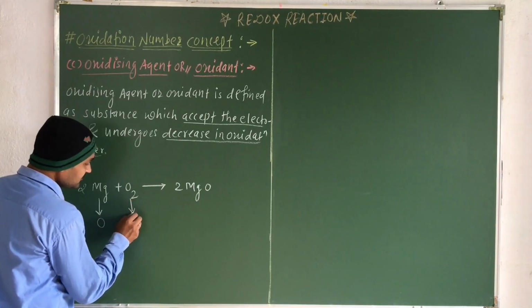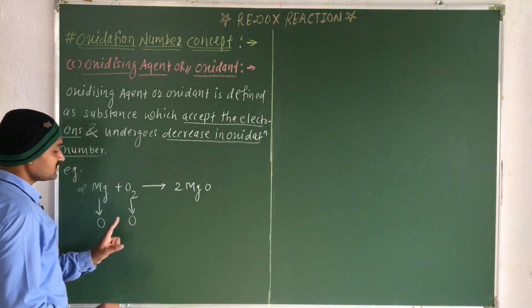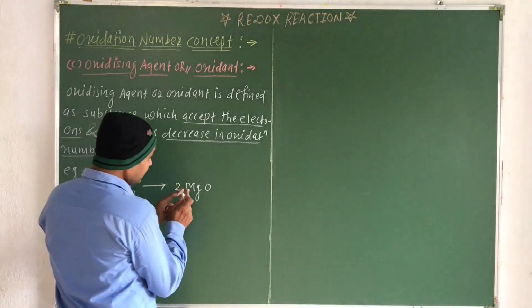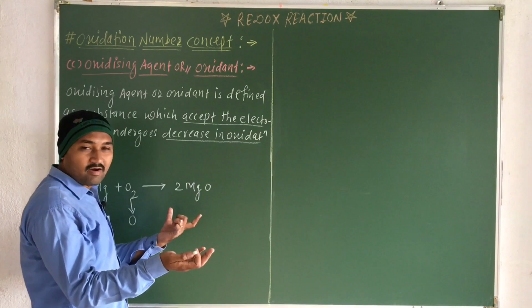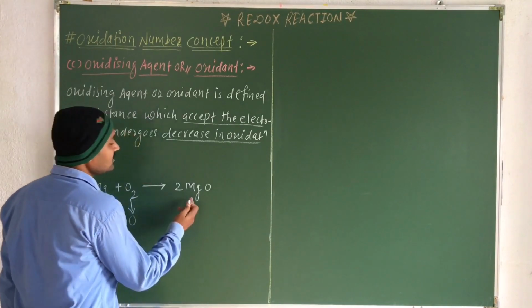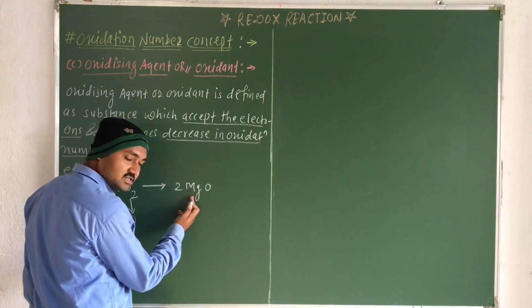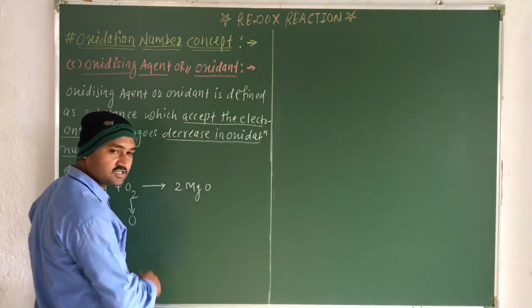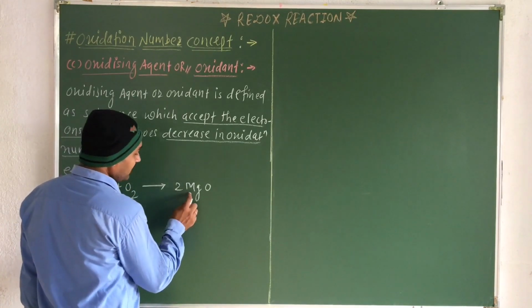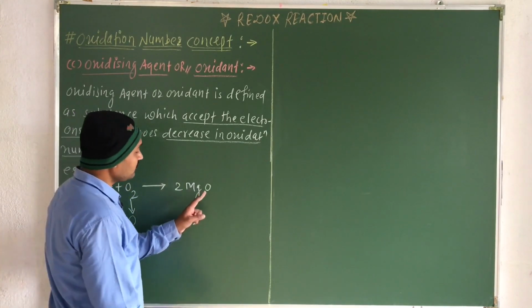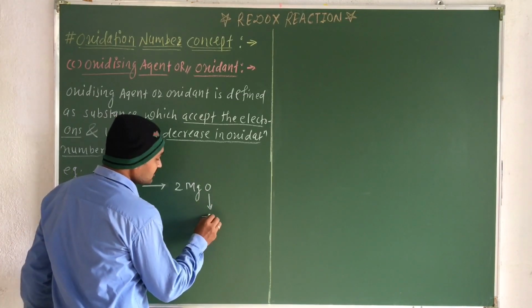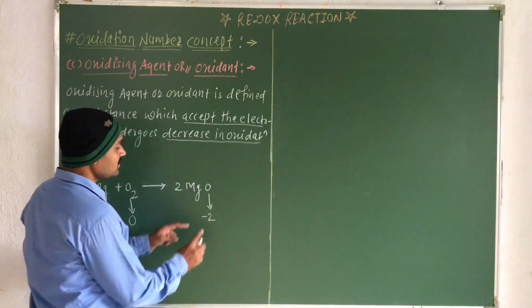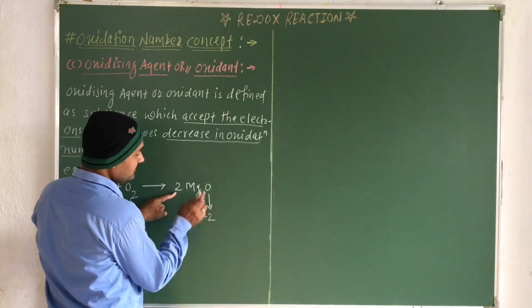Again, oxygen, free elemental state, oxidation number will be 0. Now we have to calculate the oxidation number for magnesium. You have already done the practice regarding this, so it is very simple. We are going to consider X as the oxidation state of magnesium. So 2 times magnesium, 2 times oxygen, and we know by the rule that the oxidation number of the oxygen atom is -2. Therefore 2 into -2 will be -4.